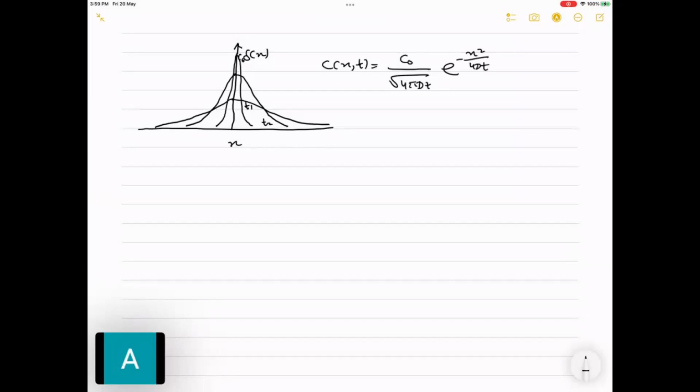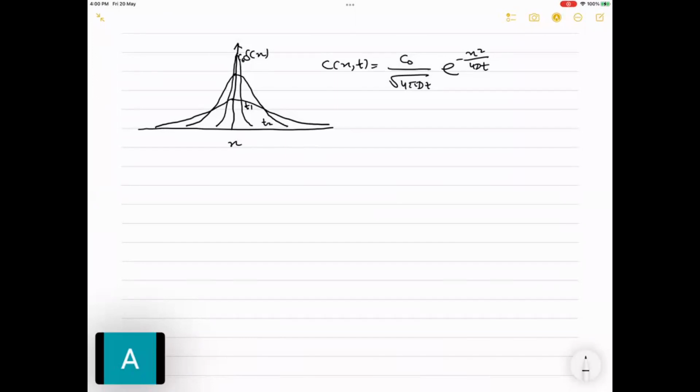And this will be just like a Gaussian function. What is happening here is the particles are going in both directions because of the diffusion.